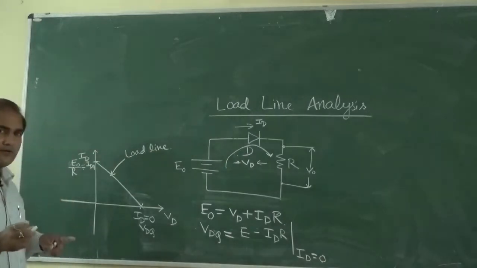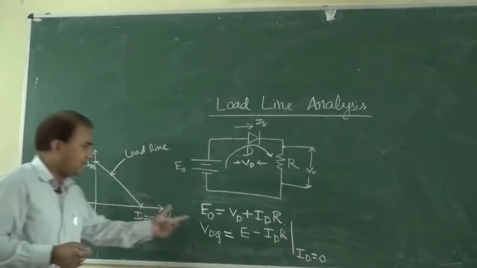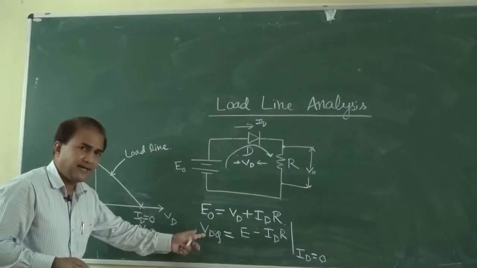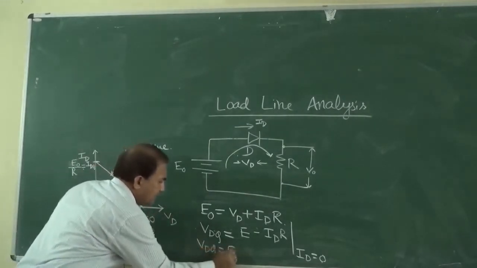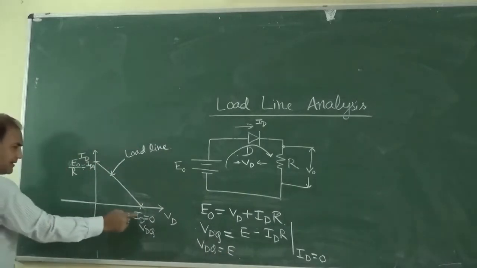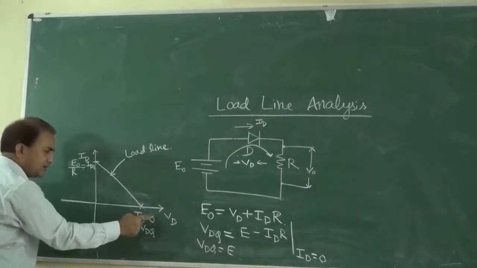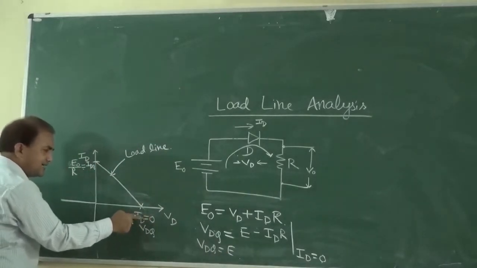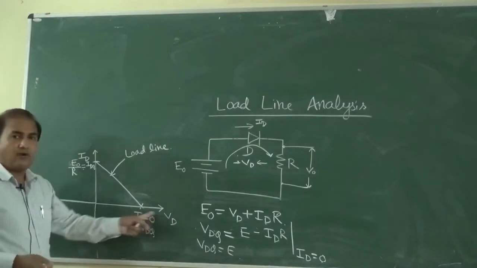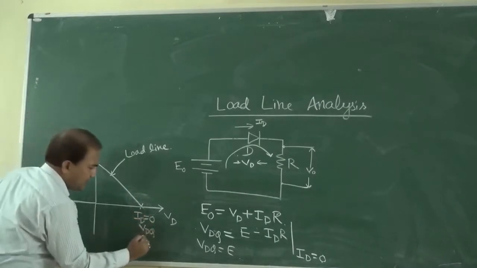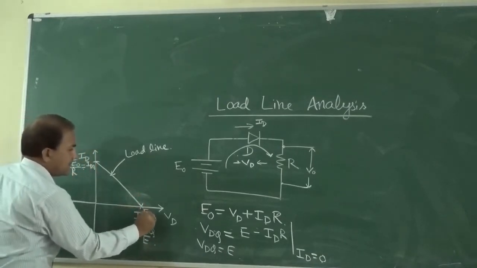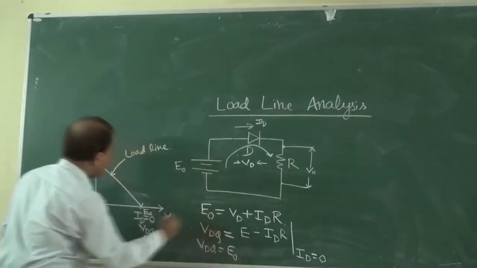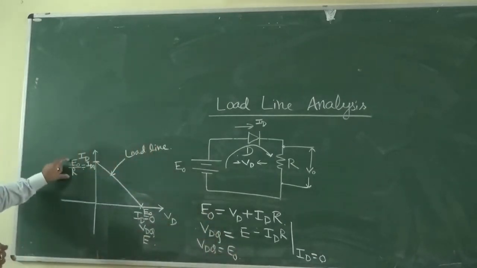When ID is equal to 0, the voltage is VDQ, so VDQ is equal to E naught. So here ID is equal to 0, and at ID equal to 0, VD is equal to VDQ, which is equal to E naught. So this point is this voltage E naught, and this is E naught by R.